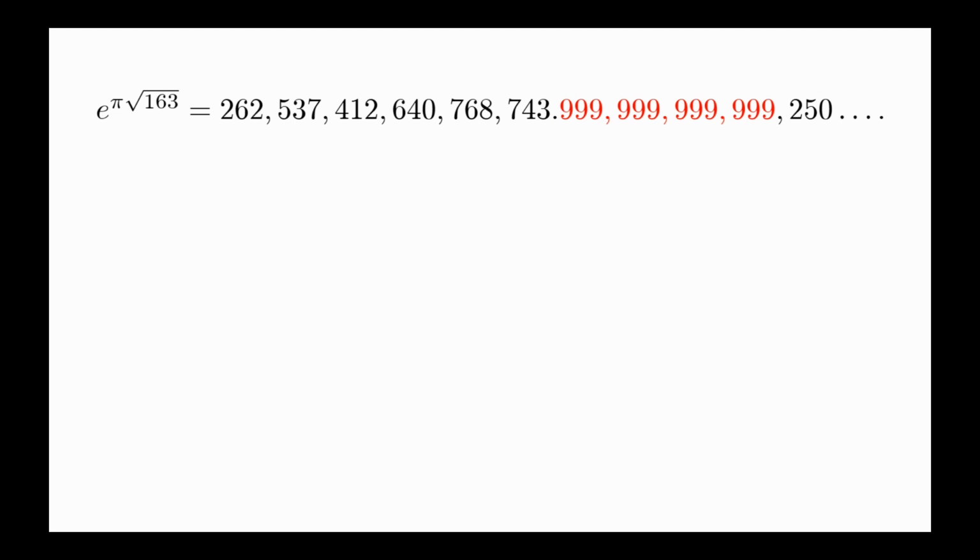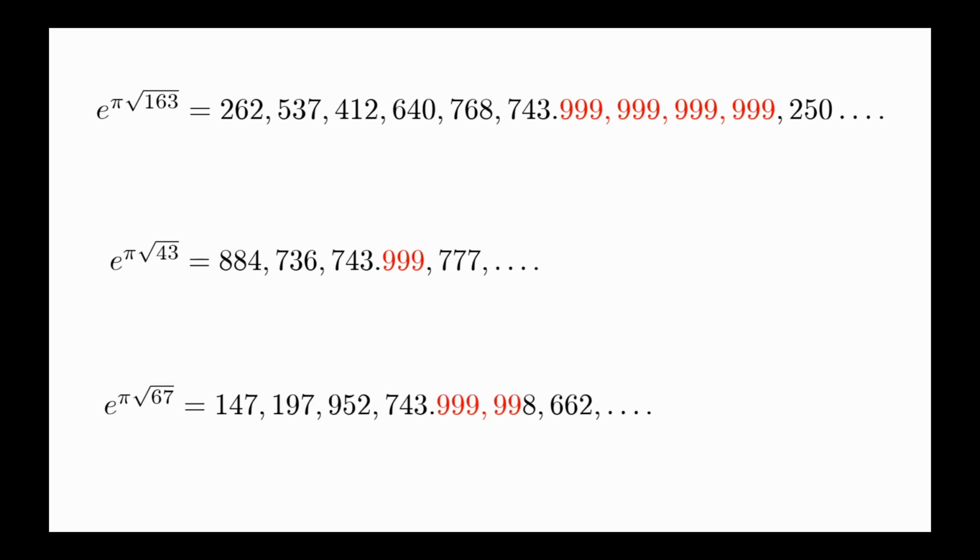And we may now wonder whether this strange phenomenon is but an isolated lucky coincidence, or whether something quite deep is going on behind the scenes. There are certain other values which you can replace under the square root sign to produce an almost integer, like 43 and 67.